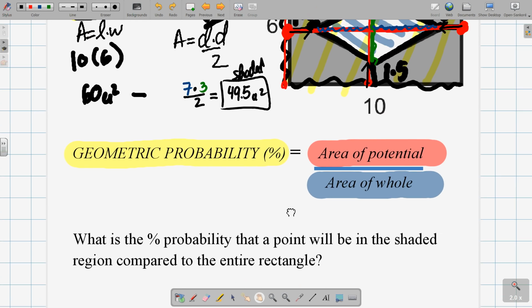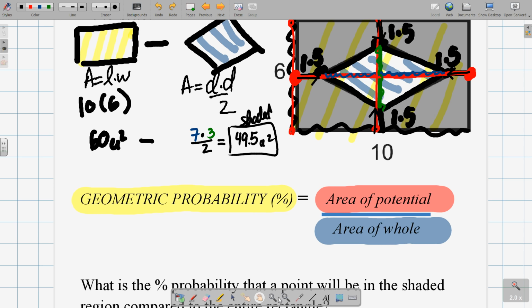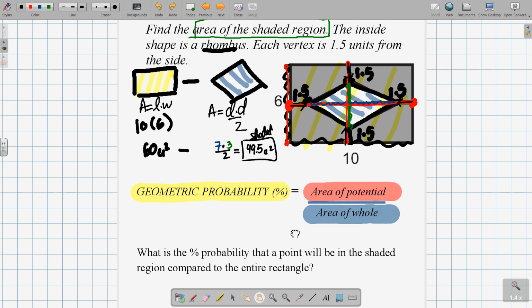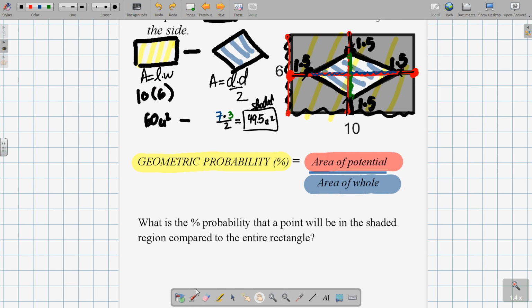So we're asked, what is the percent probability that any random point would be in the shaded region? So anywhere in the shaded region, what is the percent probability compared to the entire rectangle? Notice, shaded region compared to the entire rectangle.